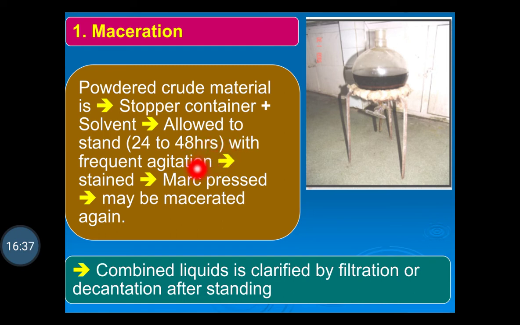After that, you have to filter it, strain it, and press the marc, and again the marc which is obtained is macerated, so that the total phytoconstituents which are present in the marc can be extracted out. Then combine all the extracts, then filter, or by means of decantation you have to separate, then you have to evaporate the extract to obtain the crude residue.